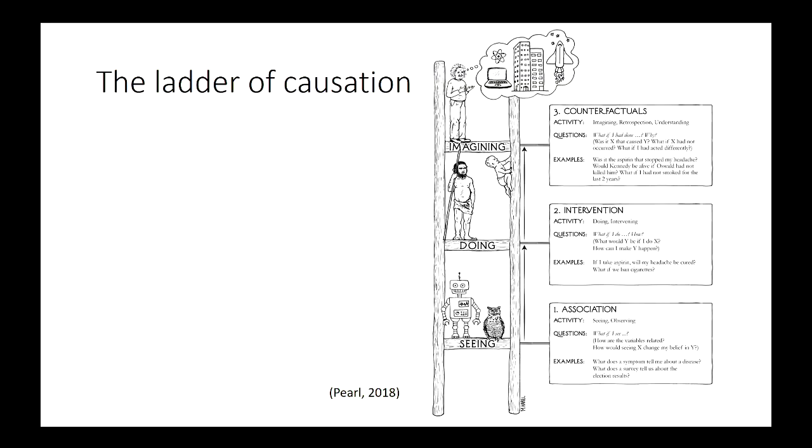The second level is when you actually intervene. You say, look, let me poke myself in my hand and see what happens. You're actually doing something. You're poking yourself and blood comes out. If I poke myself in my hand, there's going to be more blood coming out.